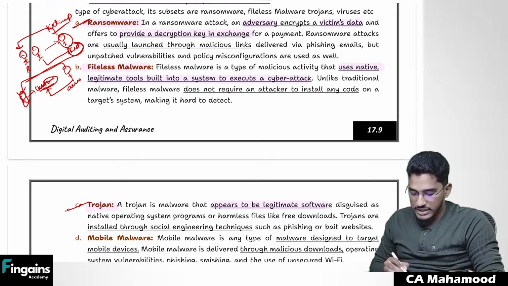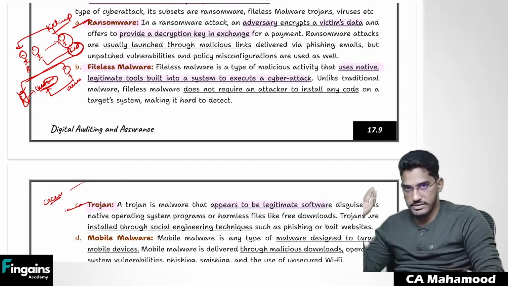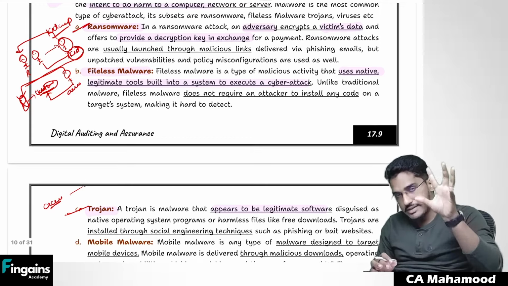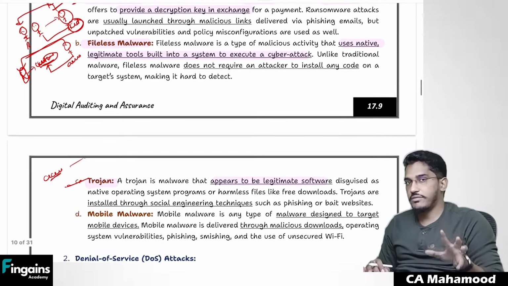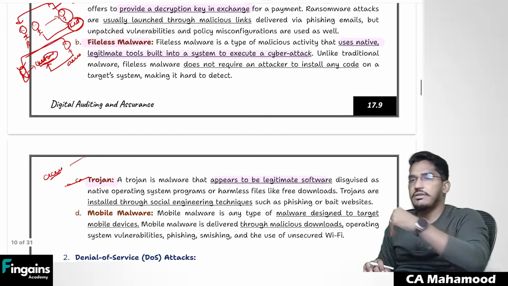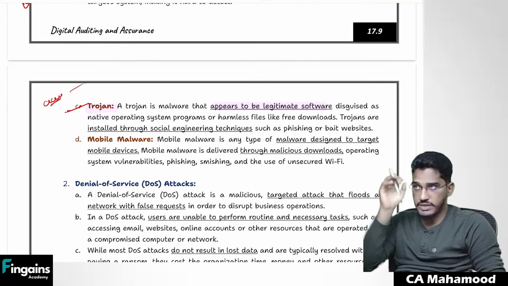But in the case of Trojan, the attacker will get access to the data and he will not demand payment from you. He will sell your data to somebody else. In ransomware, the attacker will ask for payment from you only. But in the case of Trojan, what will happen? He will steal the data. He will not ask for payment from you. He will make a benefit out of that data, whatever he has stolen. So that is the difference between ransomware and Trojan.